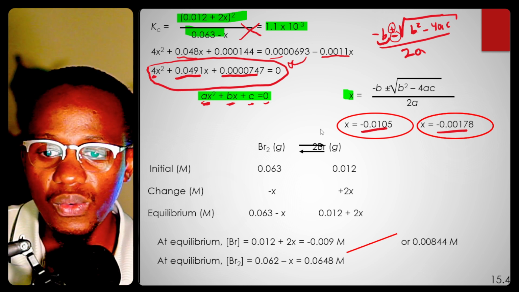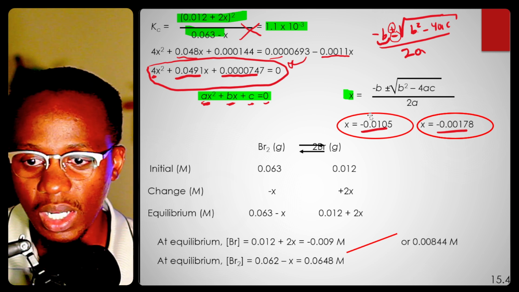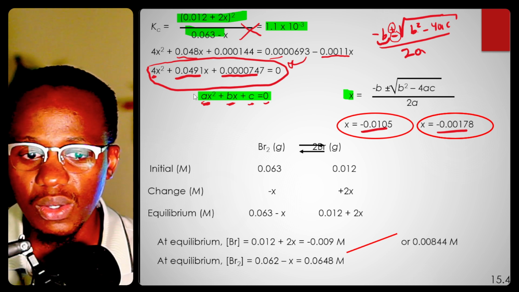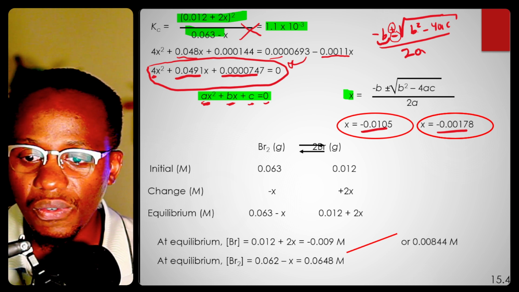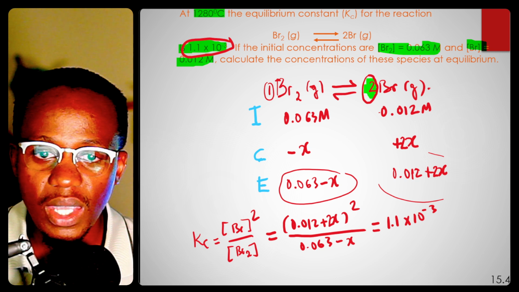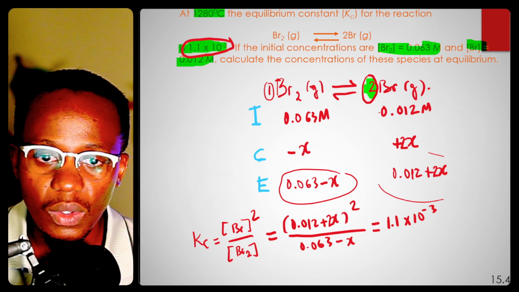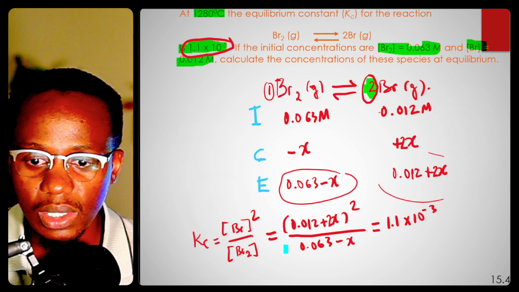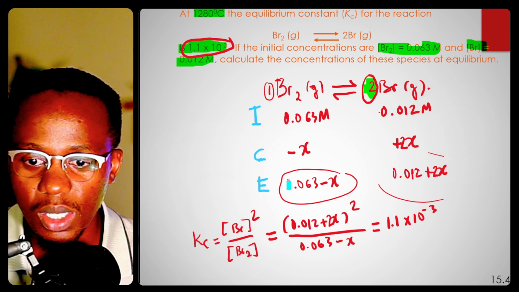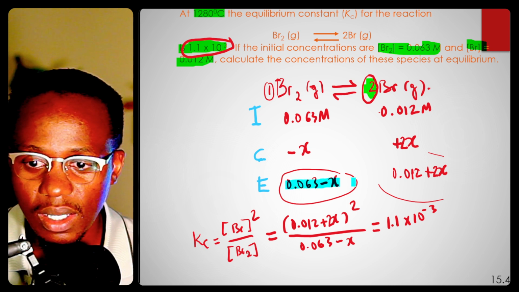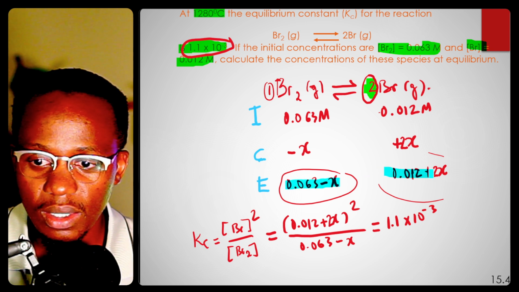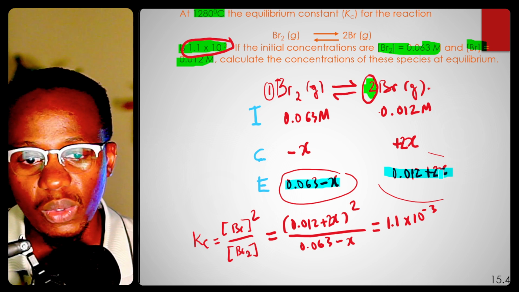When you use these 2 numbers, one with positive and one with negative, after you find x, the concentration at equilibrium will be this number minus x, and this number plus 2x. Those will be the 2 concentrations at equilibrium.